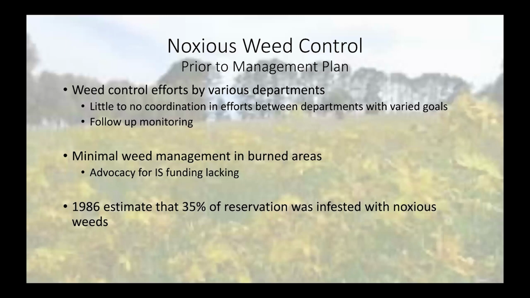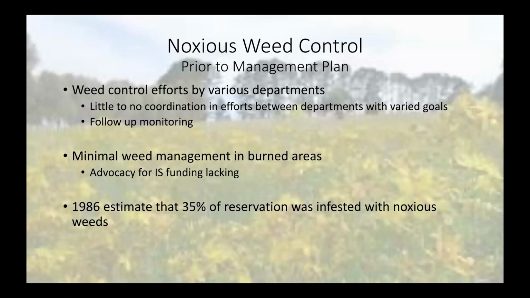And so prior to developing a noxious weed management plan out here, our weed control efforts were sort of spotty. We have different departments like our water resources department, our wildlife department, our forestry department, all managing weeds separately, but not necessarily coordinating those efforts between themselves.